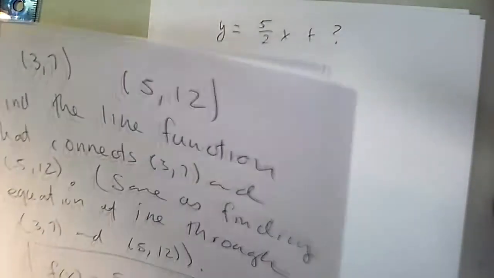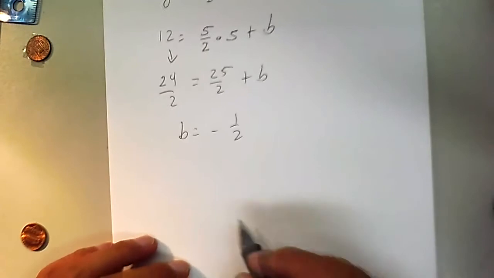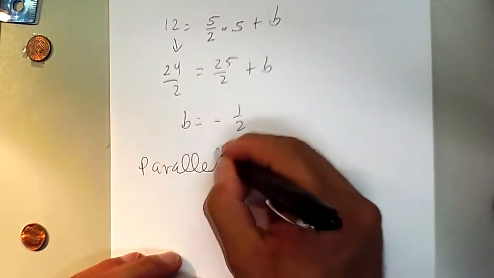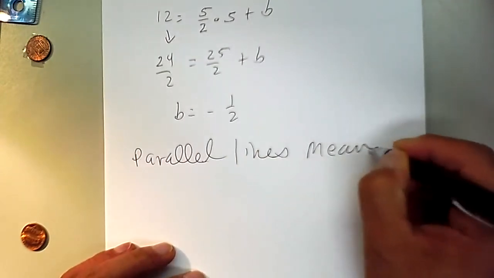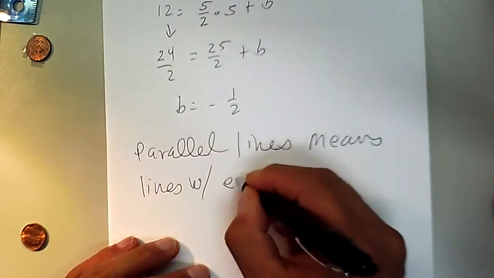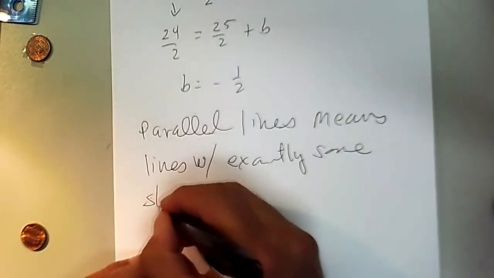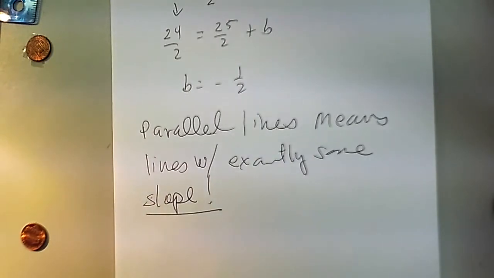Let's talk about parallel lines and redefine what parallel means. Parallel lines means lines with exactly the same slope. Same slope. That's it.